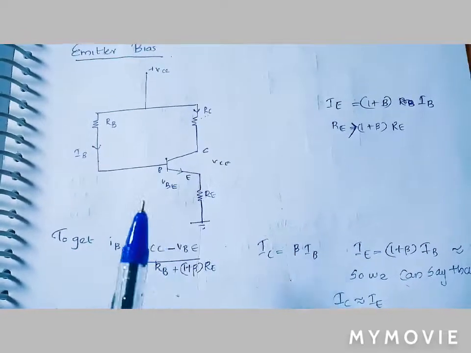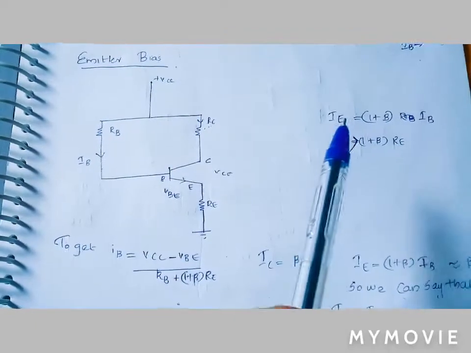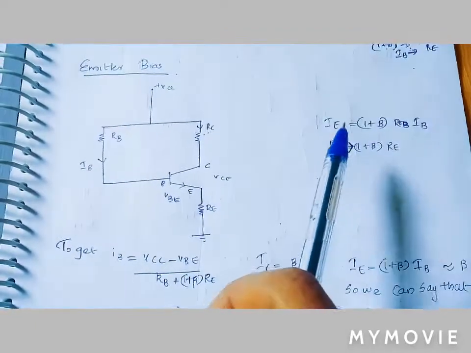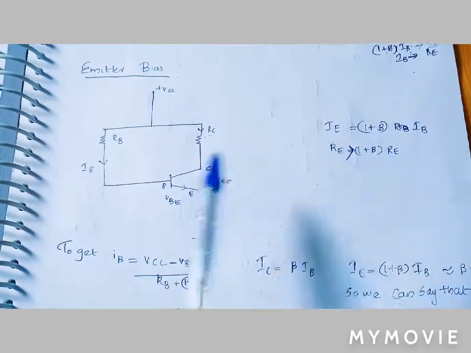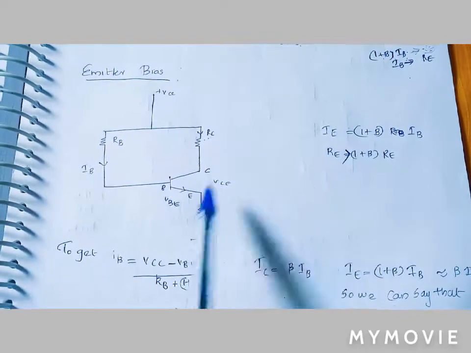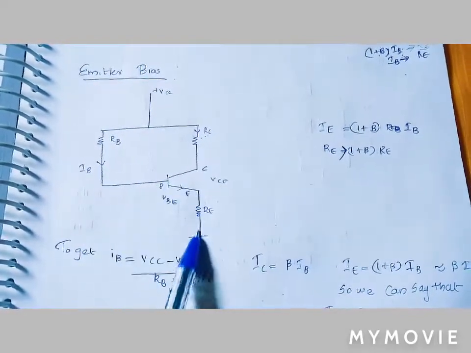So what is the relation between IE and IB? The relation between them is IE is equal to 1 plus beta IB. So in this diagram, to find IB, we should consider the same current in the loop.